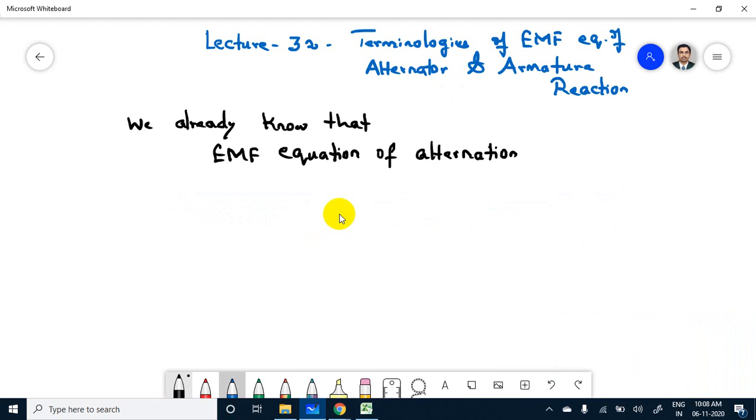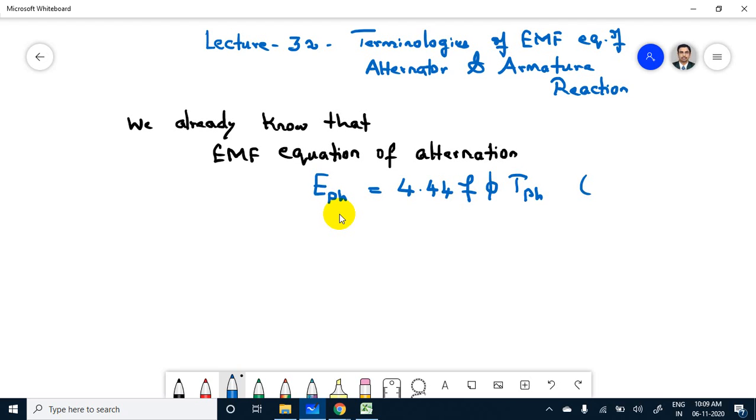So 4.44 F phi. What is the notation? EMF equation notation. E phase equal to 4.44 F phi T phase.